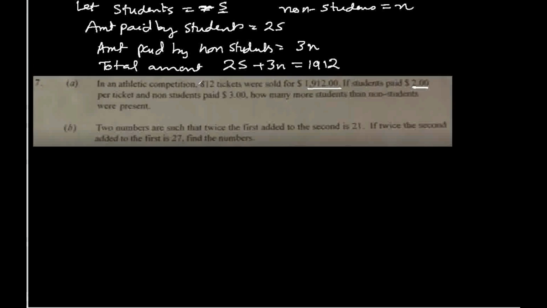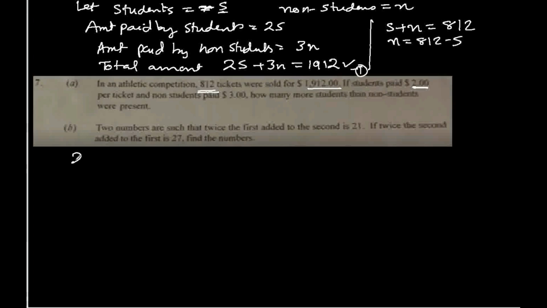They also said that 812 tickets were sold. That means the total number of students plus non-students is 812, and we can use the same method we used in question number 6. Let's isolate N: 812 minus S, and substitute in equation number 1.